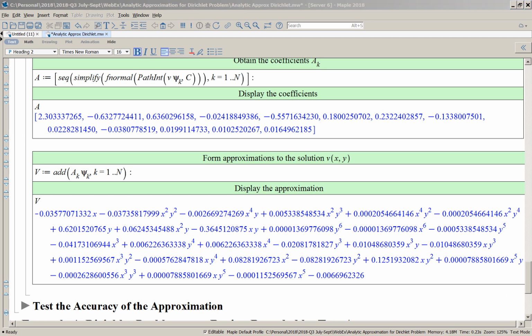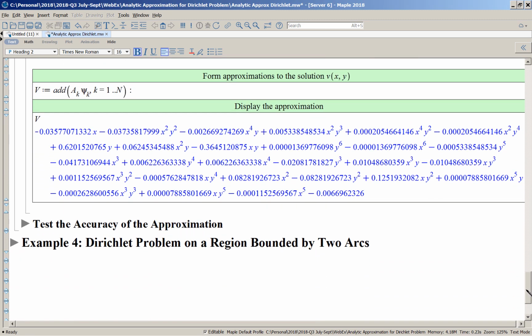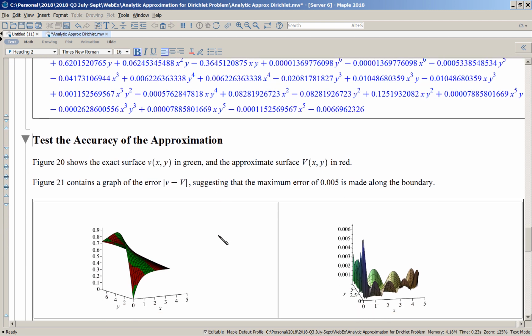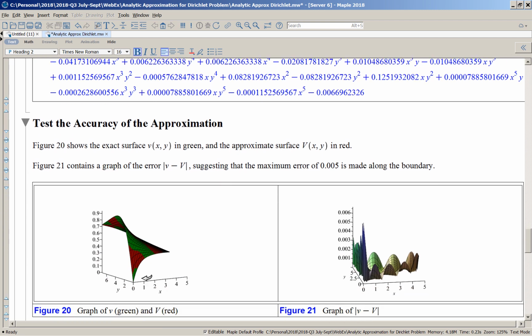Now, of course, we want to test the accuracy of this approximation. And here we have drawn again in green the exact solution, that's little v, and the approximating solution in red, that's big V. If we look at the graph of the absolute value of the difference, according to this graph, the worst difference is on the order of 5/1000ths.